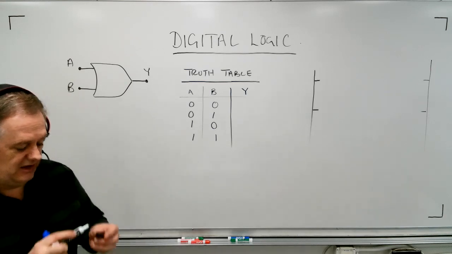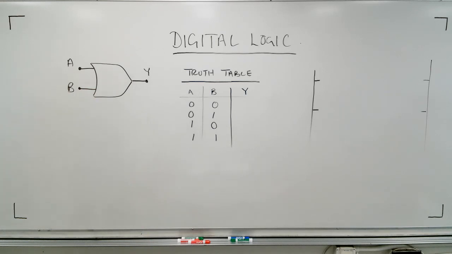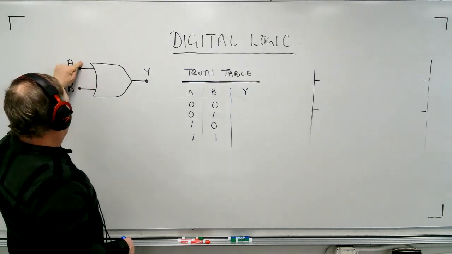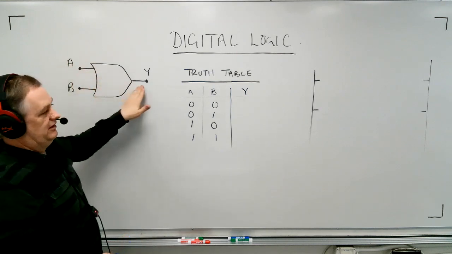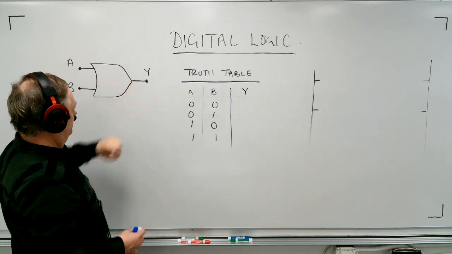Now, here's the understanding of the gate itself. The way an OR gate works is that if you have a 0 on both inputs, then you will get nothing for an output. So it's going to be 0. 0 and 0 is 0.